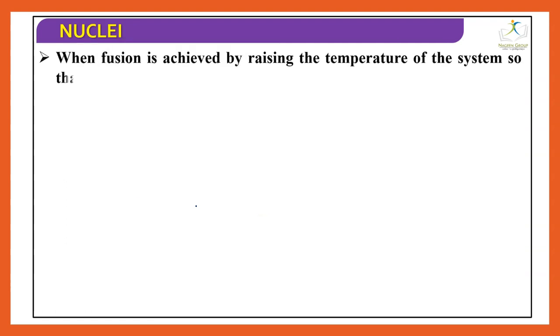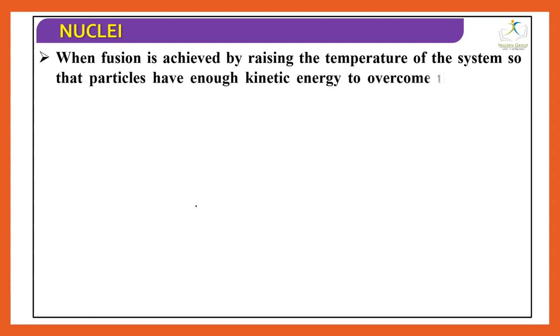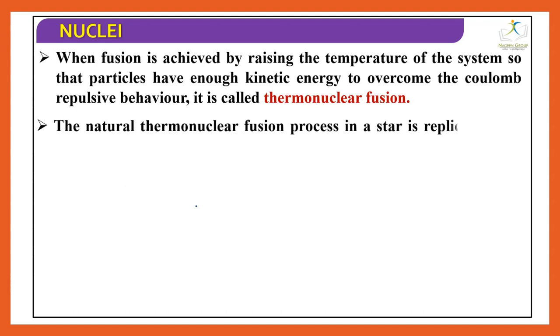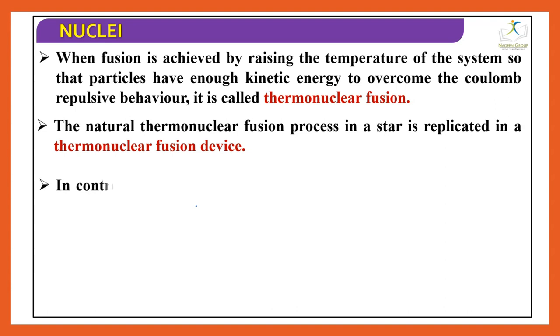When fusion is achieved by raising the temperature of the system so that particles have enough kinetic energy to overcome the Coulomb repulsion, it is called thermonuclear fusion. This natural thermonuclear fusion process in a star is replicated in thermonuclear fusion devices.